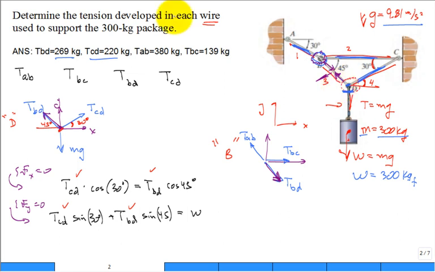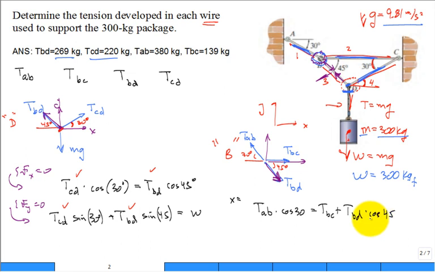Okay, so then we have our sum of the forces in the X. Maybe I should have figured out some of these orientation angles. This is 45 degrees, and this one is 30 degrees. And so our sum of the forces in the X give us that the tension A to B times cosine of 30 is equal to tension B to C plus tension B to D times cosine 45.